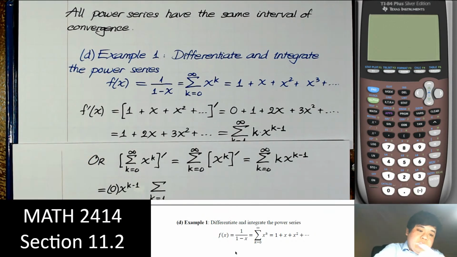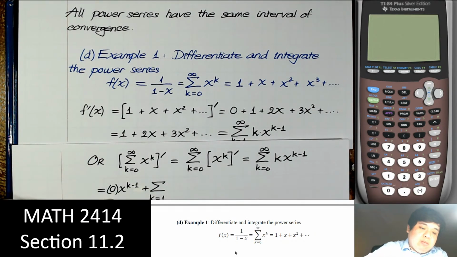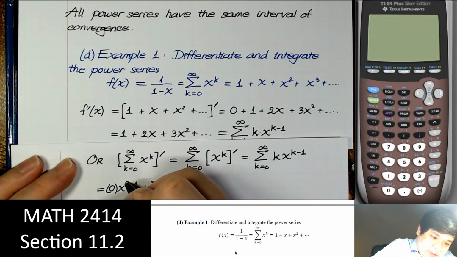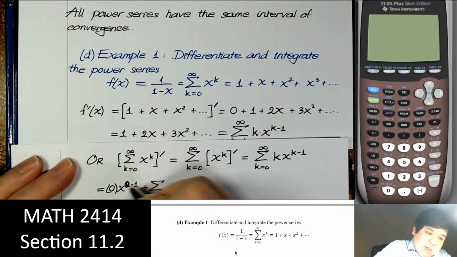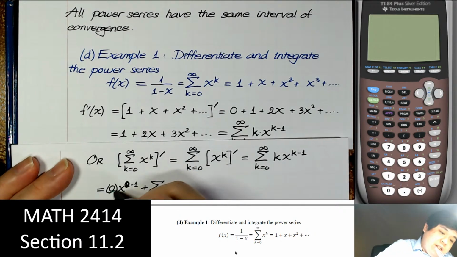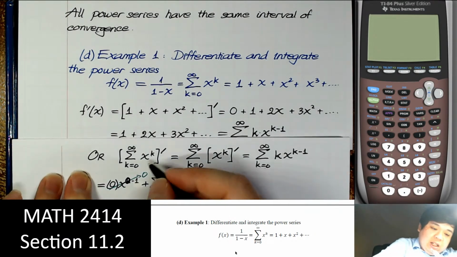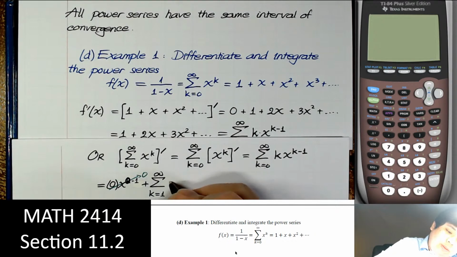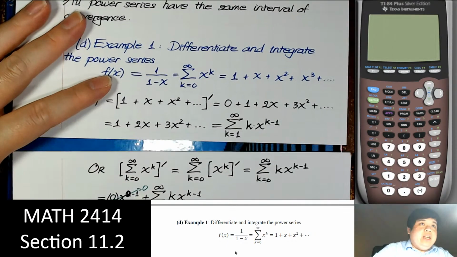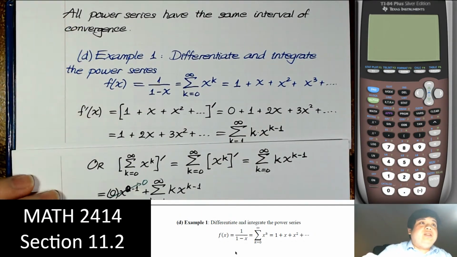So if we put 0 in for k, 0 minus 1, and 0 times anything is 0, and after that the series will pick up from 1 to infinity. Okay, x to the k minus 1, and either way we have the same answer.